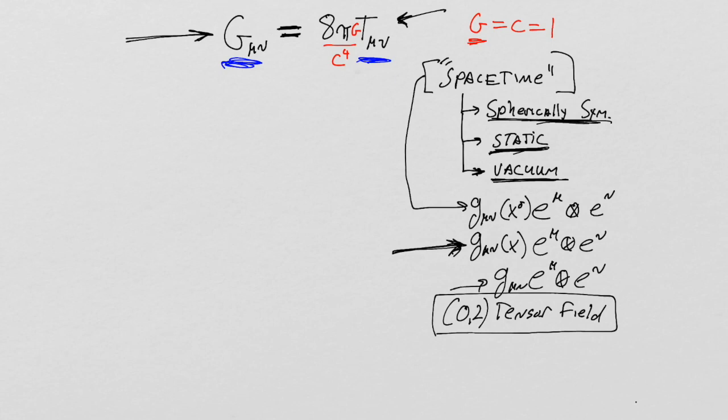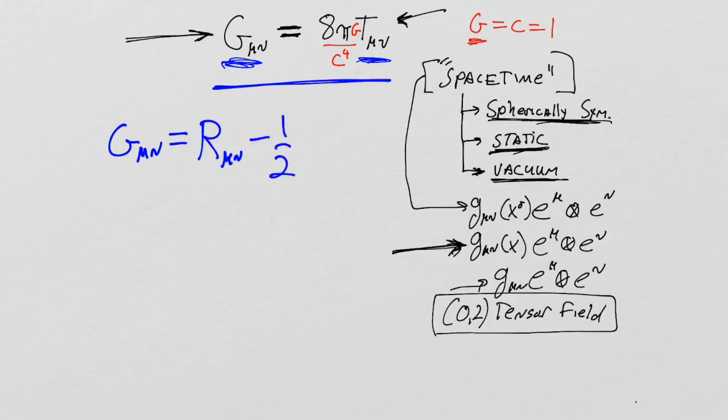But anyway, to attack this, we need to understand both sides of this equation. G mu nu is the Einstein tensor, and it is equal to the Riemann curvature tensor minus 1/2 times the metric g mu nu times a fully contracted Riemann tensor, which is called the curvature.